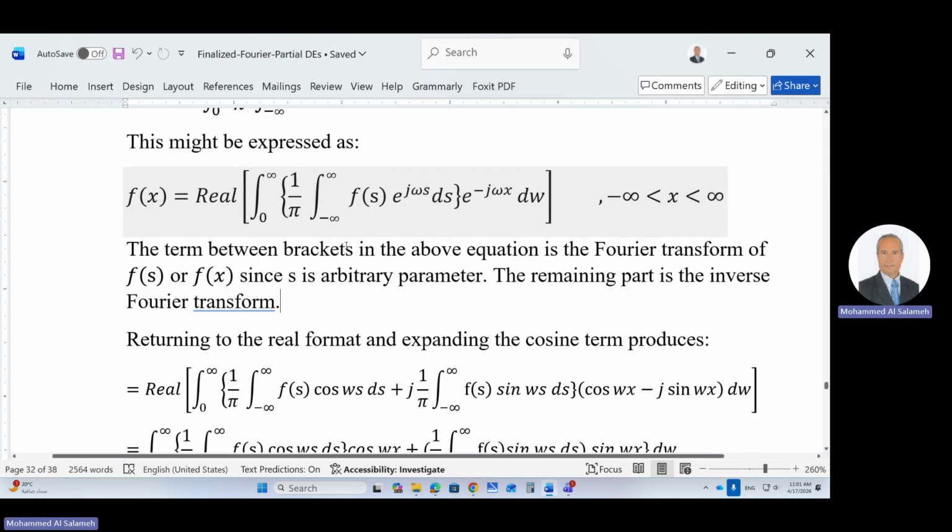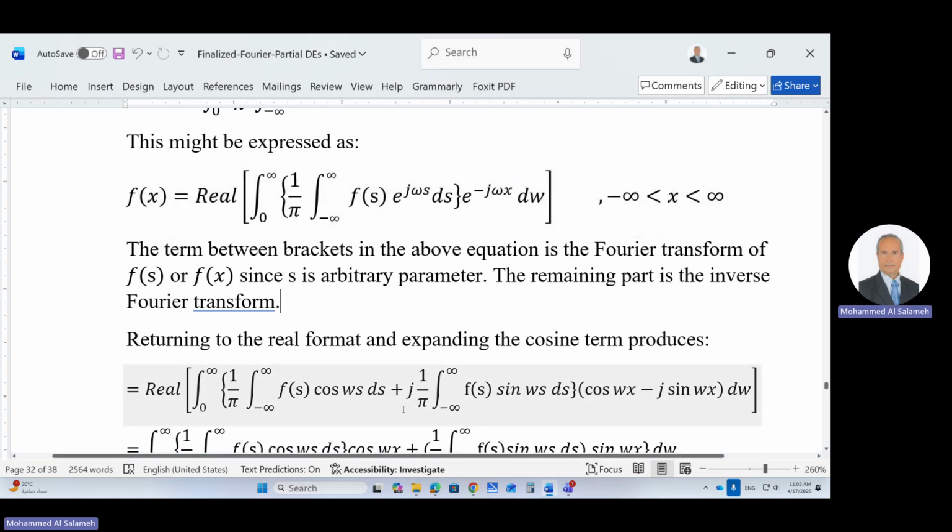Returning to the real format and expanding the cosine term produces the real part of 1 over pi times this equation. Instead of e to the j omega s, we write cosine omega s plus j sine omega s. We want to take the real part.